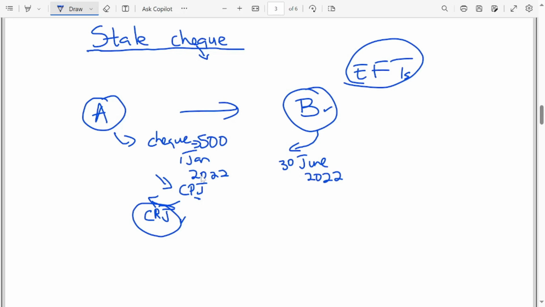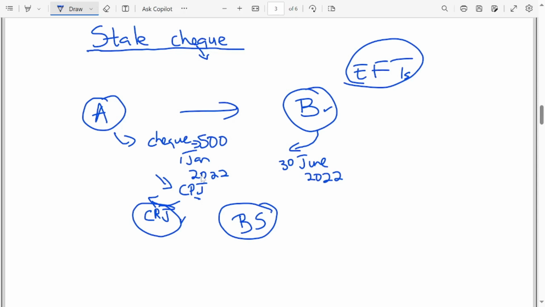Because we're talking about a bank reconciliation statement, which is the main topic here, how do you see this in a bank reconciliation? Because you are making a payment, you will see a stale check most of the time in the bank reconciliation.